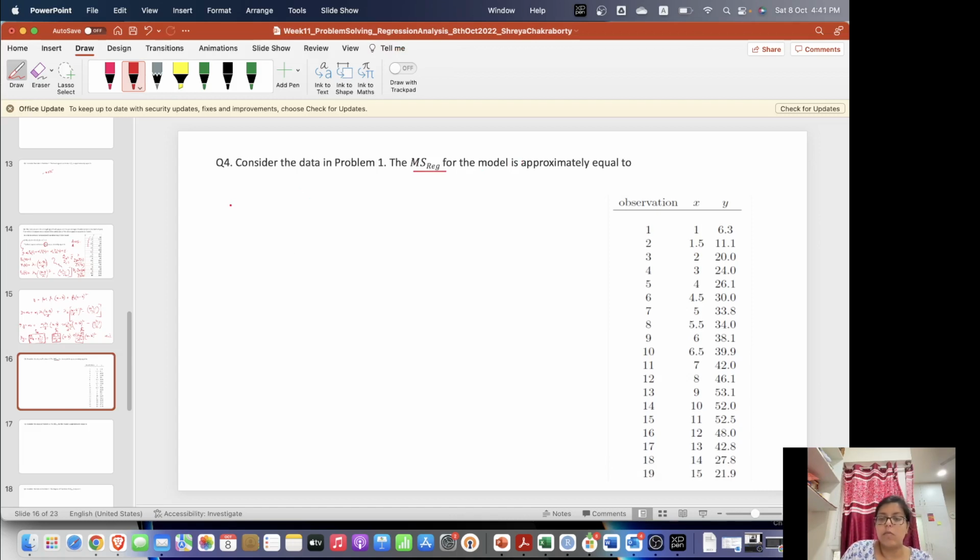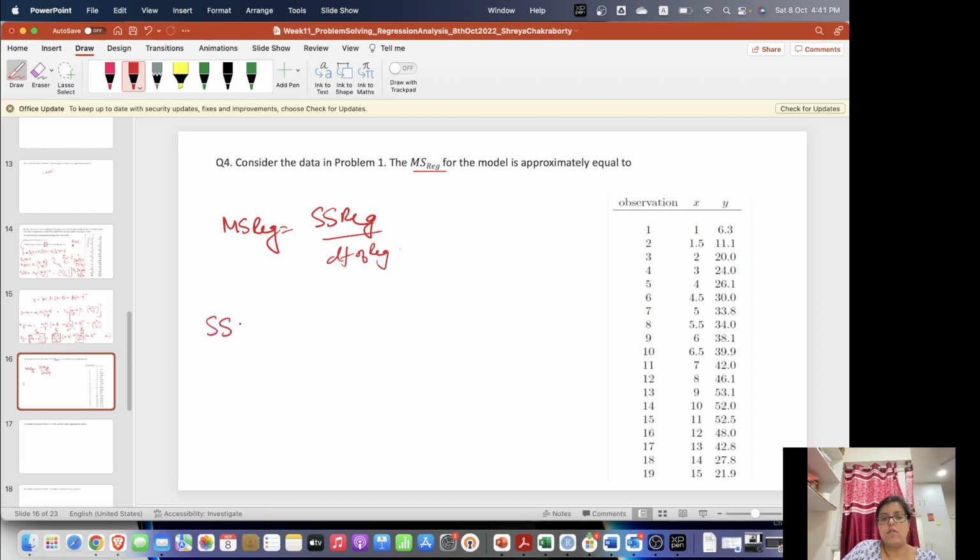So formula, do you remember? Okay, MS regression is nothing but SS regression by DF of regression. Okay, you agree with me? Yes, ma'am.